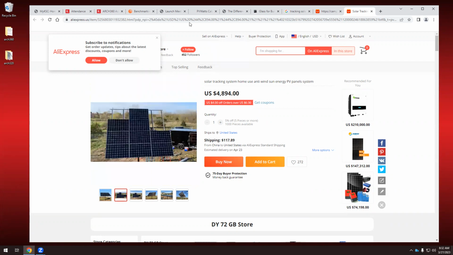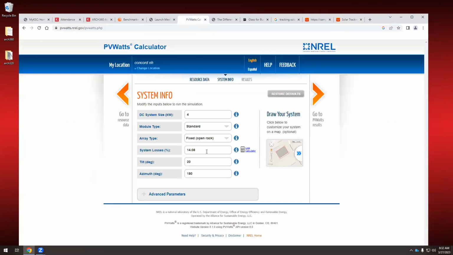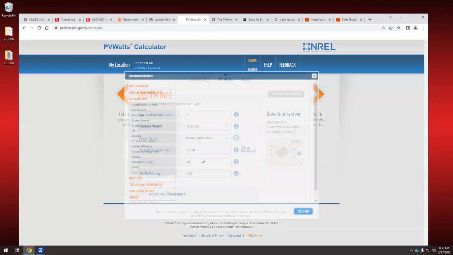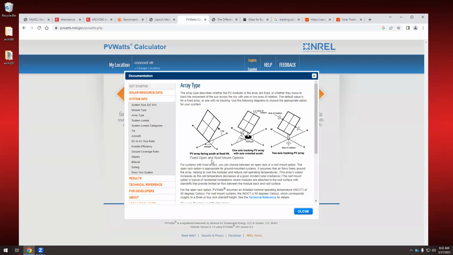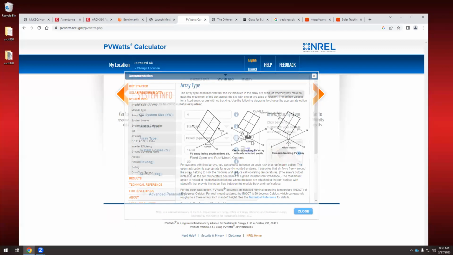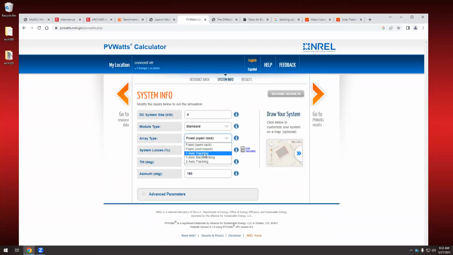But anyway, that would be the tracking option, and we can track one axis, which means that the tilt is fixed and we adapt the azimuth, or we can track two axes, which means that we can change both the azimuth angle and the tilt.